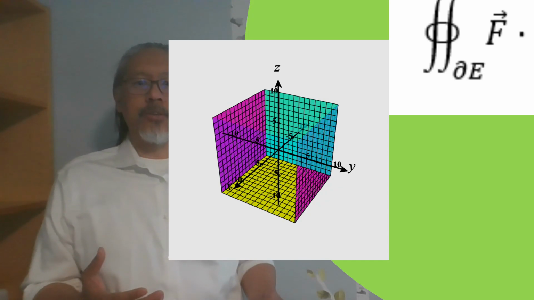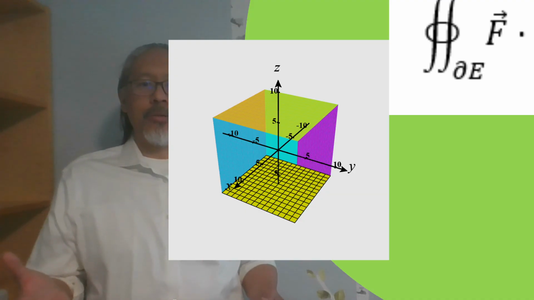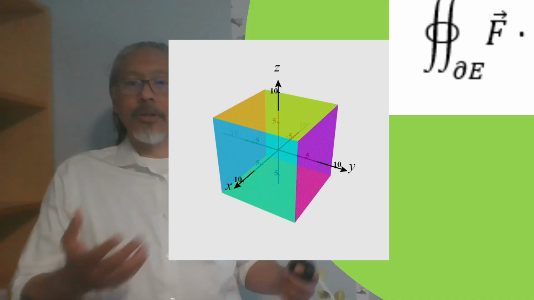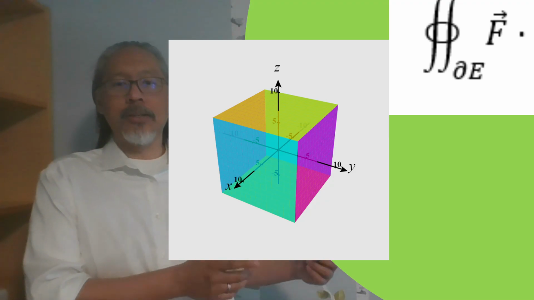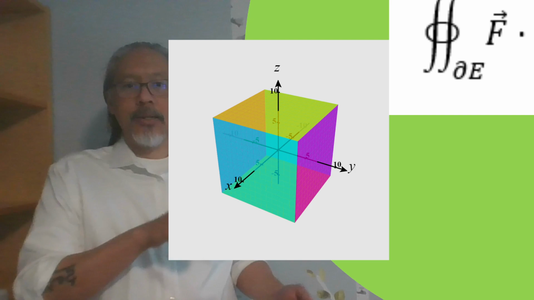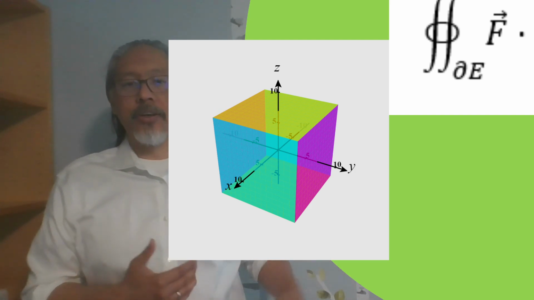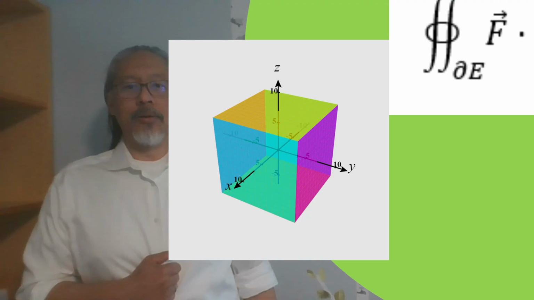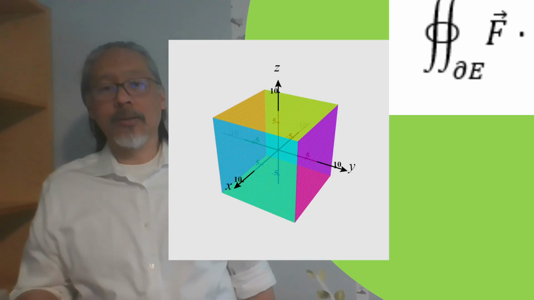And so instead of computing these 6 integrals, what we might do is just do a triple integral over a box, which is fairly easy because in rectangular coordinates that box is just going to have constant limits for all the variables. And so that might be easier to do than having 6 flux integrals.